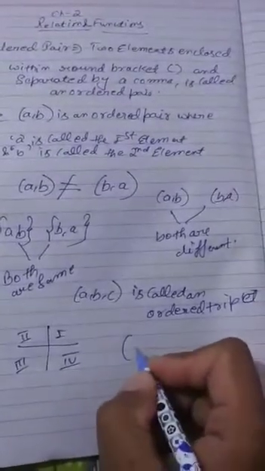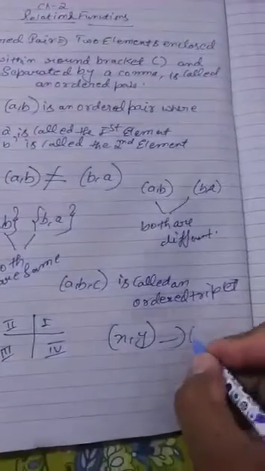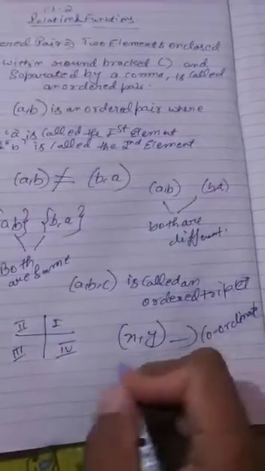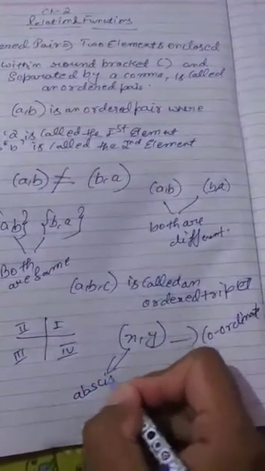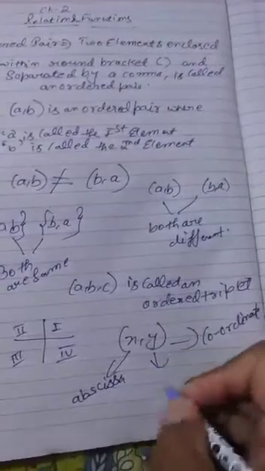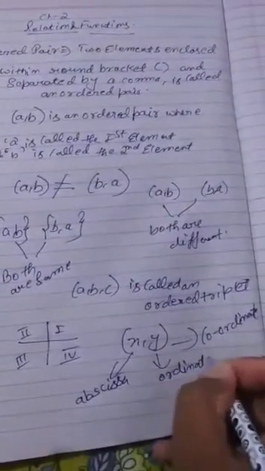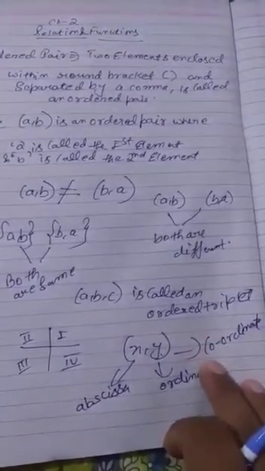Any point which we derive as x y, which we call a coordinate. In this, x was abscissa and y was ordinate. And when we combine both, we say it as coordinate.